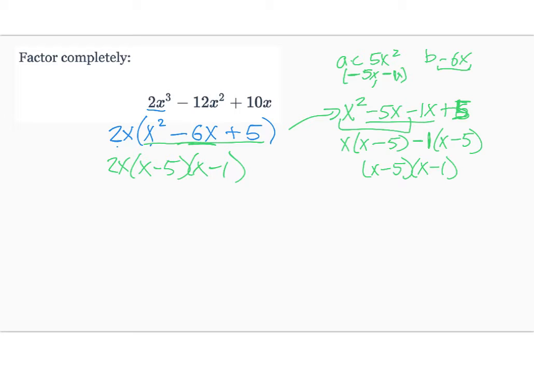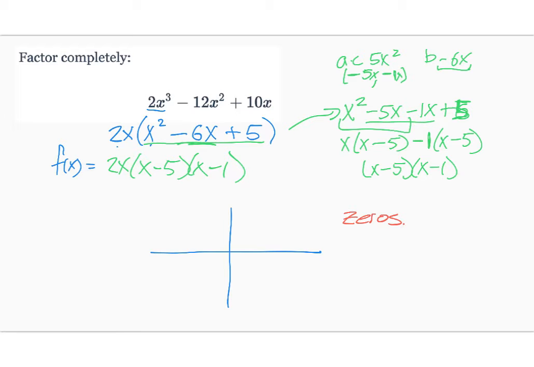What I'd like you to recall about graphing these things is that we factor because if this were a function equal to this polynomial, this helps us to come up with a pretty good sketch of what's going on here. We need to identify our zeros.